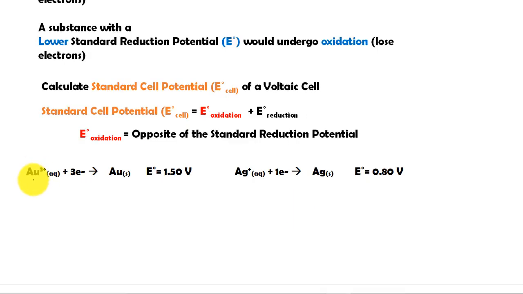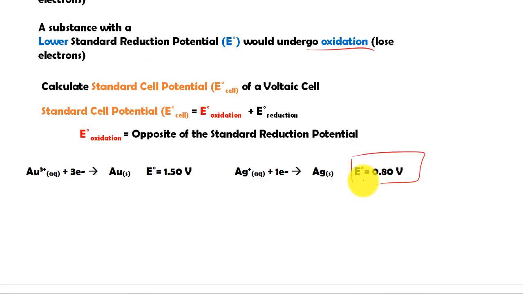Here we have Au 3 plus plus 3 electrons equal to Au solid, and it has the standard reduction potential of 1.5 volt. Then we have Ag plus plus 1 electron equal to Ag solid, which gives us the standard reduction potential of 0.8 volt. So again, going back to the rule, the one with the lower standard reduction potential will undergo oxidation. In this case, this will undergo oxidation.